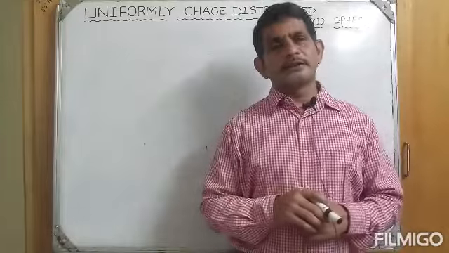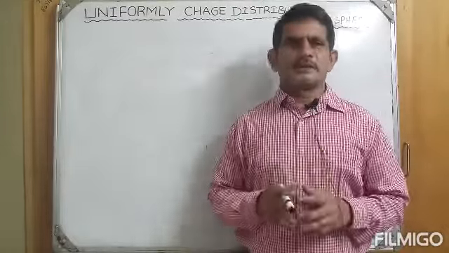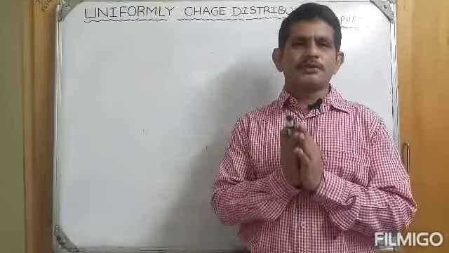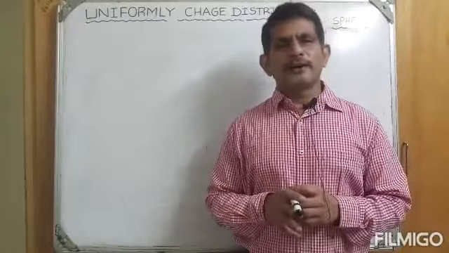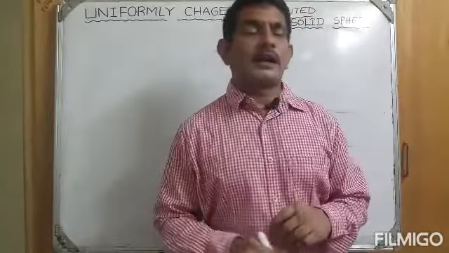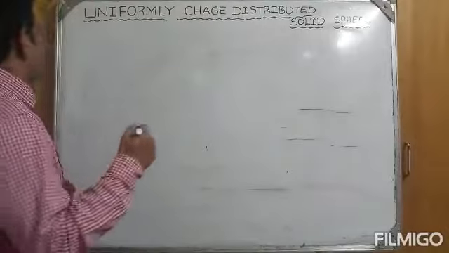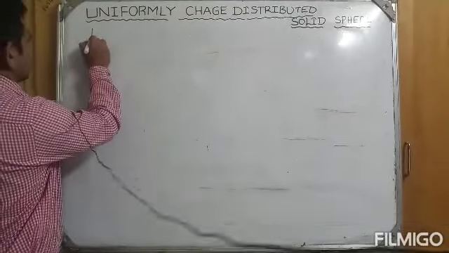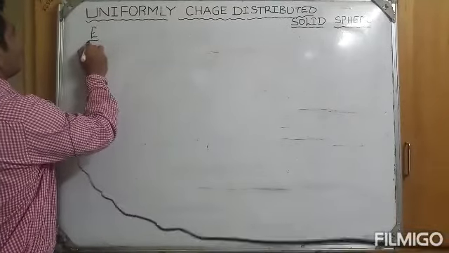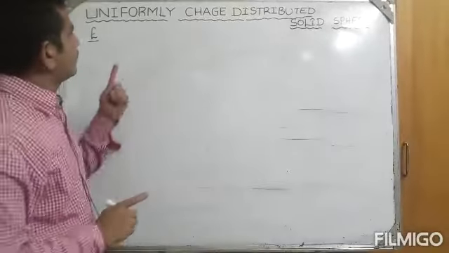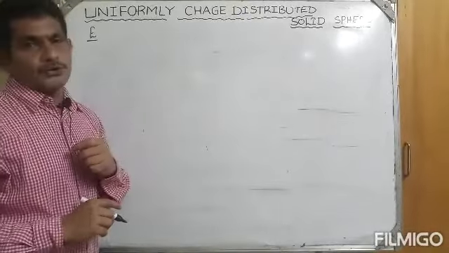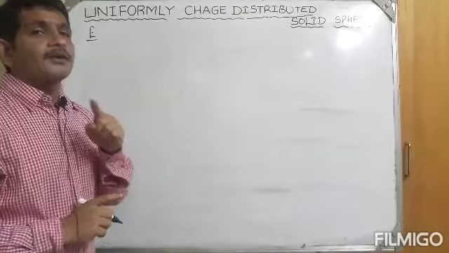Now we have entered the solid sphere, the uniformly charge distributed solid sphere. We want to find the potential and the electric field intensity. How to find the electric field intensity? Already I gave you complete data regarding the uniformly charge distributed solid sphere in Gauss law.